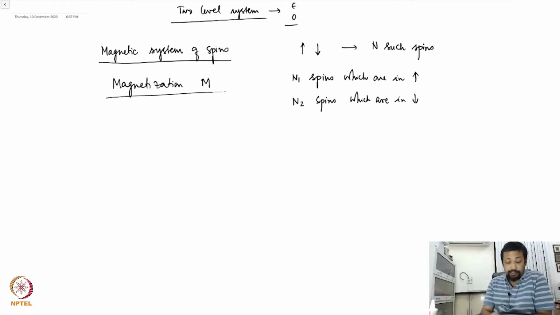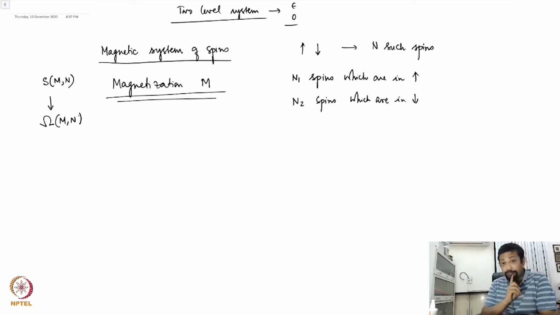Further, we also have to look at this condition where my total magnetization is given. So essentially what I'm trying to find out is S as a function of m comma n, and for these I have to figure out the configurations which are possible, not just for n but given a value of magnetization, and the magnetization m is n1 minus n2, the number of up spins minus the number of down spins, and n is n1 plus n2.